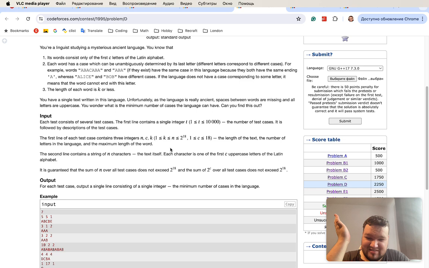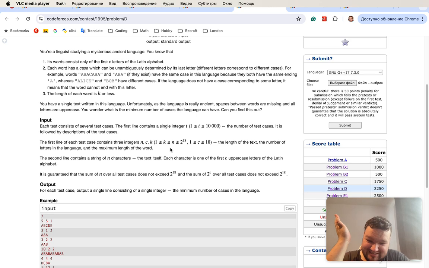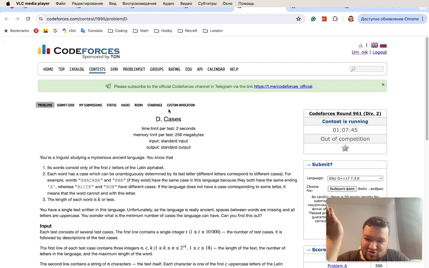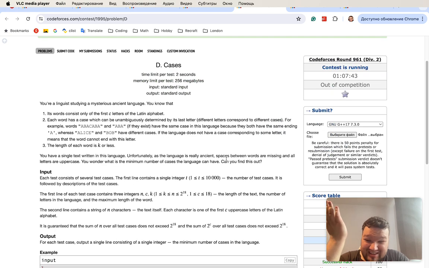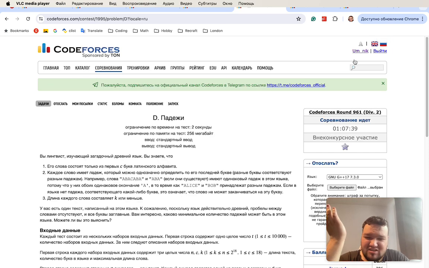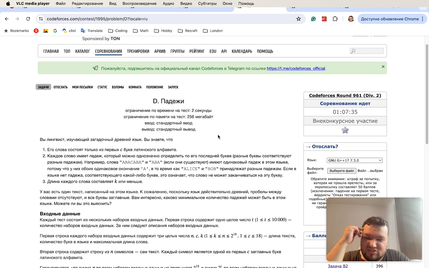This statement kinda sucks. I guess they wanted to make some joke about the number of cases. What is it in Russian? The authors are Russian, right?